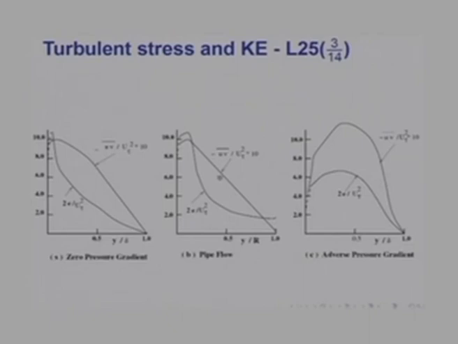Remember, we developed the u plus y plus law, the universal law, by assuming a constant stress layer throughout the boundary layer, but it is remarkable that we were still able to predict a fairly good comparison with experiment for the u plus profile up to y plus of 700, which is almost the edge of the outer layer.